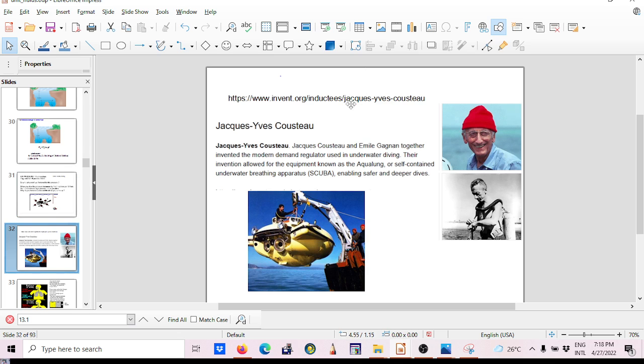His name is Jacques Cousteau, and he's the one who came up with the idea to dive deeper if your tank has air at a high pressure, right? So that means you increase the pressure of air, and that has to be mixed with nitrogen, of course, because that's what we are used to breathing, but it will be at a higher pressure, so it will match up whatever is outside. Do you understand?